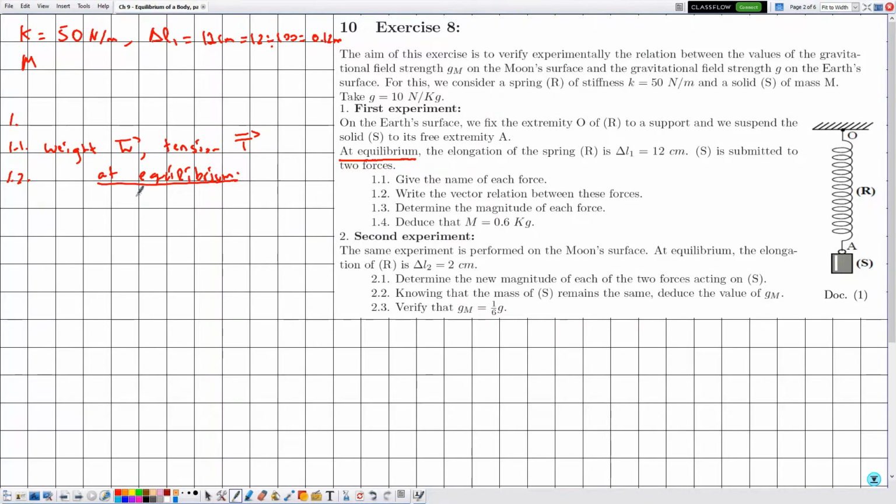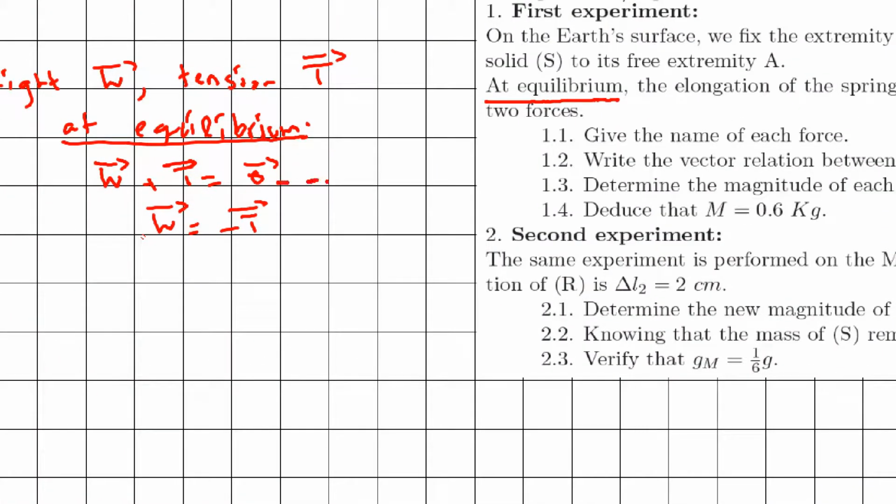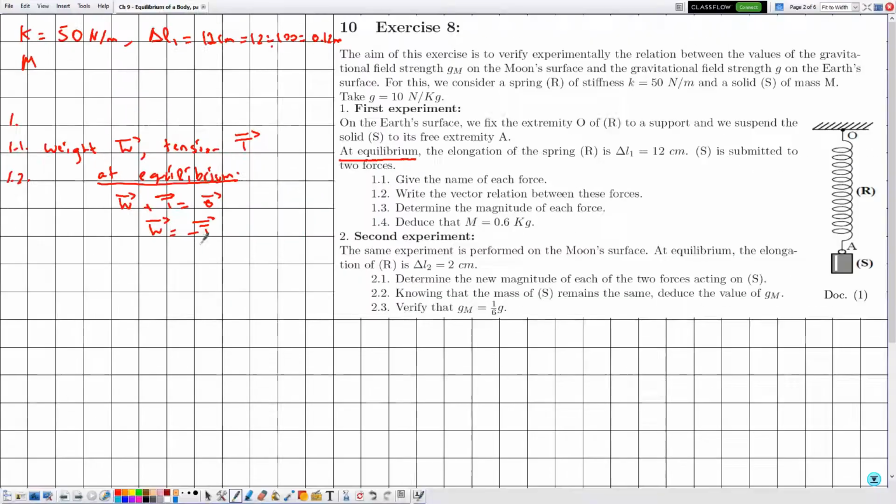Then on the left hand side of this equation we'll write the different forces acting on the solid as given by the weight and the tension. And on the right hand side of this equation we write the zero vector corresponding to the condition of equilibrium. Dragging T to the right hand side, then we'll have this equation. The first equation means that both forces acting on the solid S, their effect cancel each other, whereas the second equation means that both forces have the same line of action, opposite direction and same magnitude.